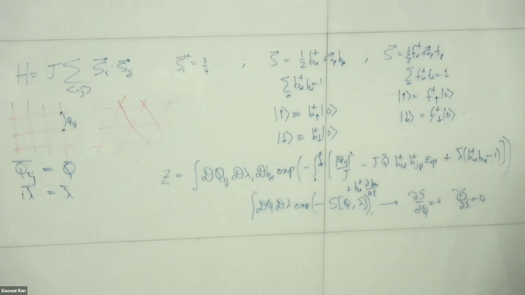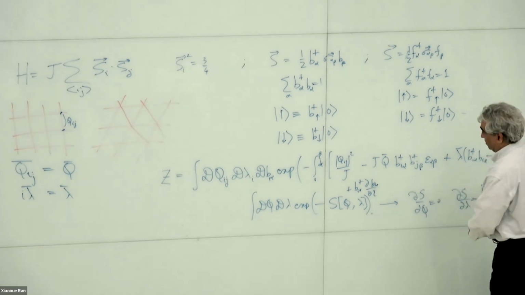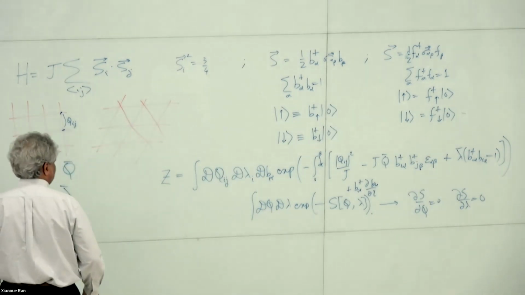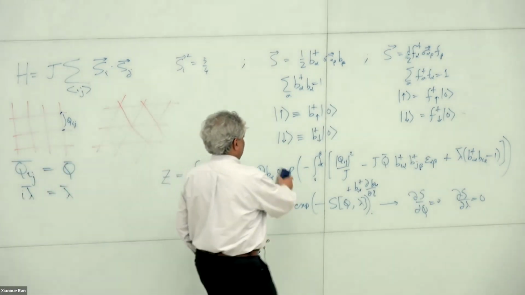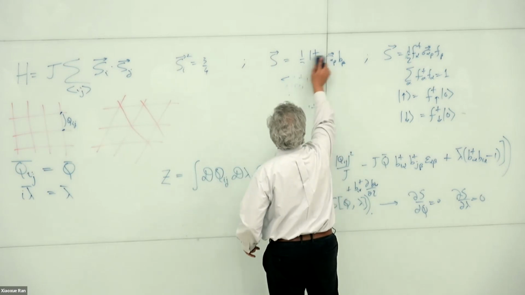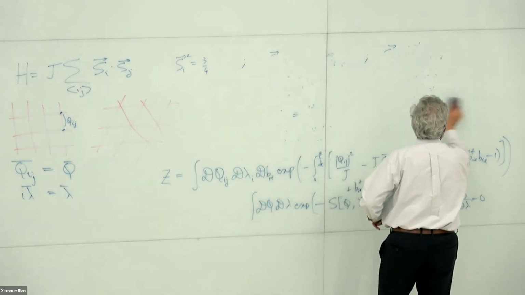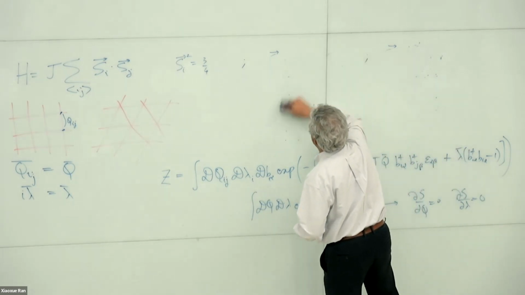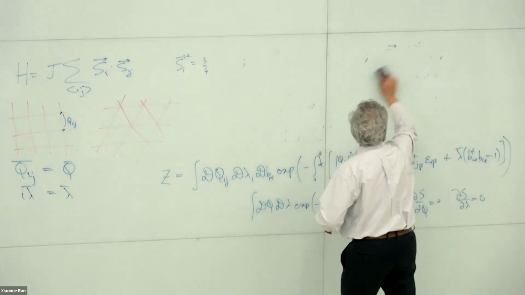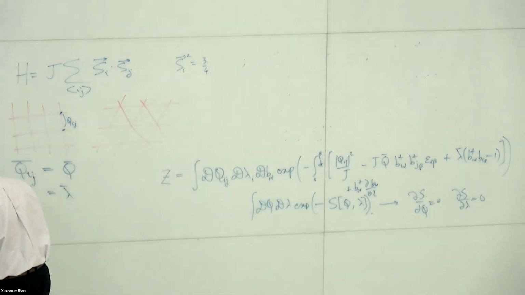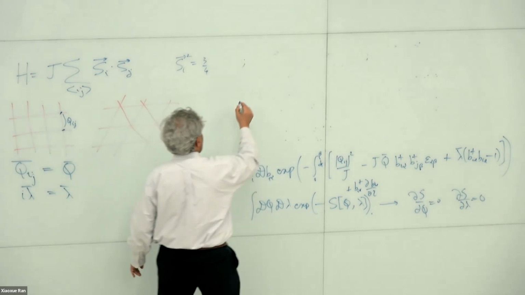And so now you have a very simple theory for bosons. You just have a Hamiltonian for the bosons that you can write down, which has an extremely simple form. So now you get a Hamiltonian which looks something like this.